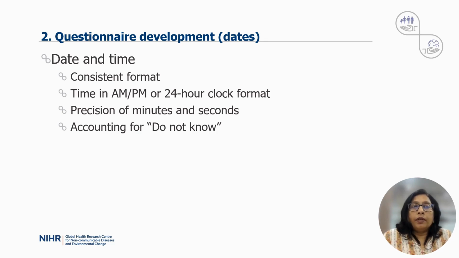Do you want the precision by minute and seconds? Is it needed? If not, you don't need to measure. And how do we capture it if we do not know? So missing data is always a challenge when we are designing forms, which we need to be mindful to discuss with the database design team to give us solutions for that.